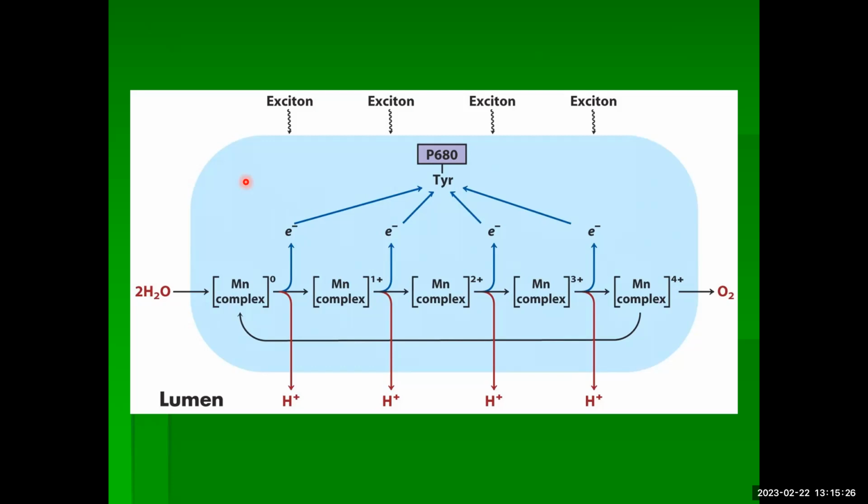It holds the oxidized water in place, releasing protons into the lumen of the thylakoid, greatly increasing the number of protons available for proton pumping, and eventually releasing molecular oxygen.